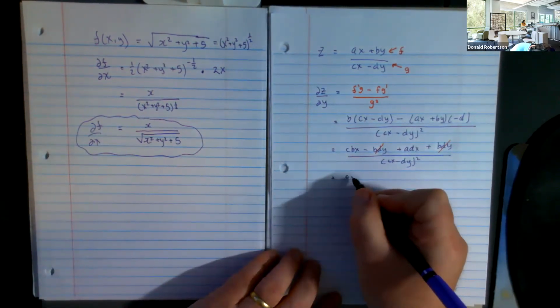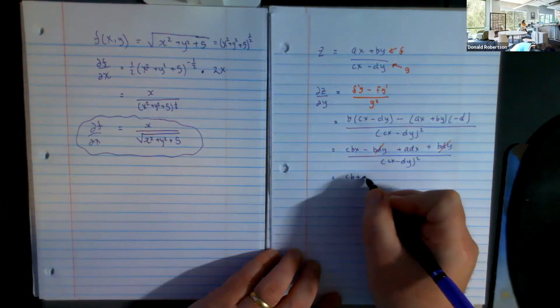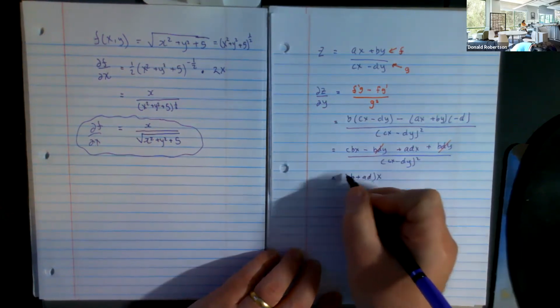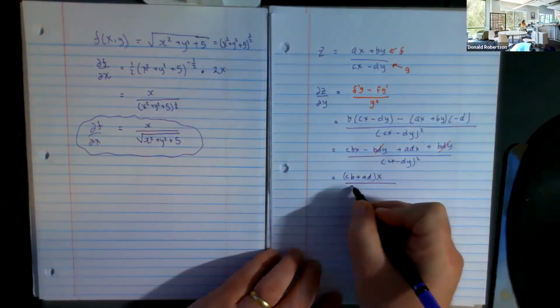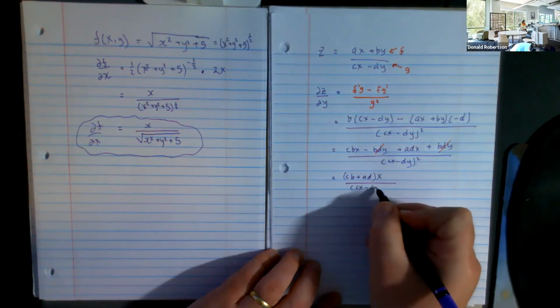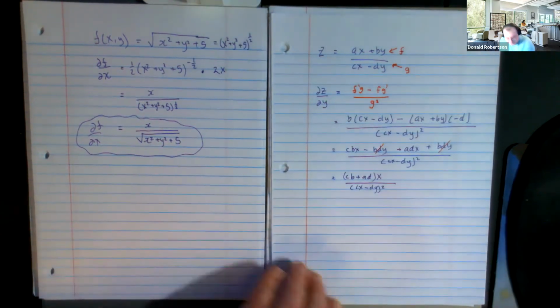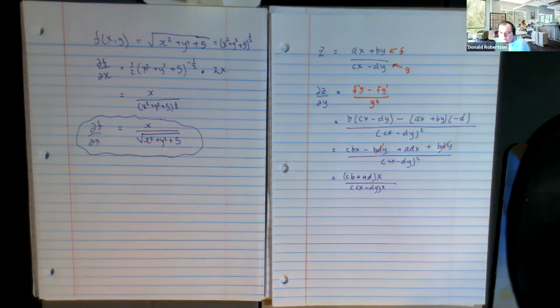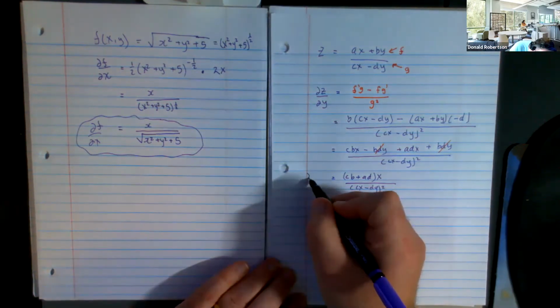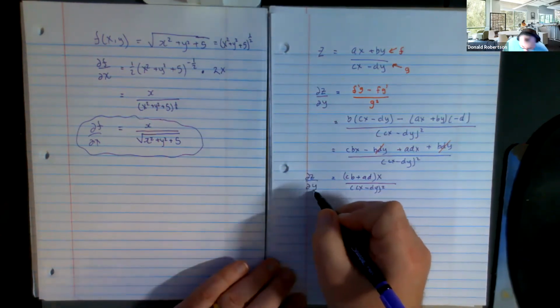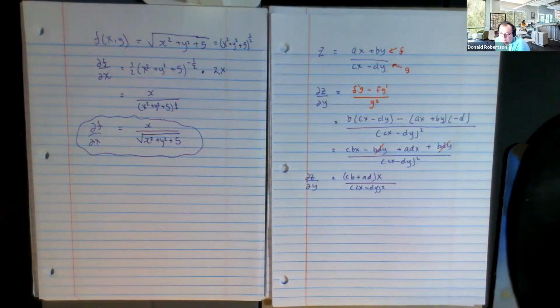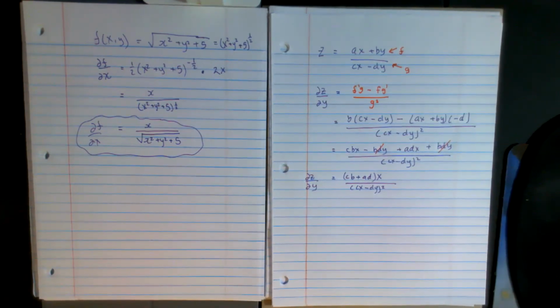And I basically got cb plus adx all over cx, take away dy squared. Are we cool with that, question?